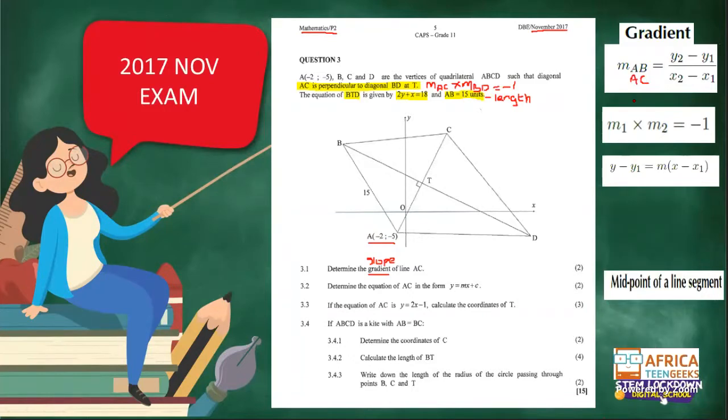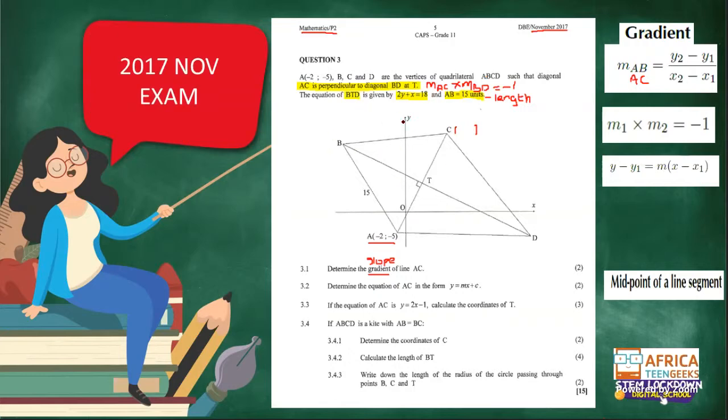So we know to calculate the gradient we need 2 points, but we don't know the coordinates of C. But we are given that AC is perpendicular to BD, and we know the product of their gradients.